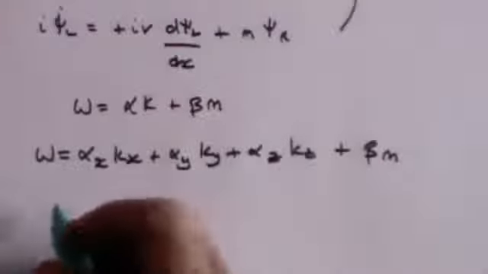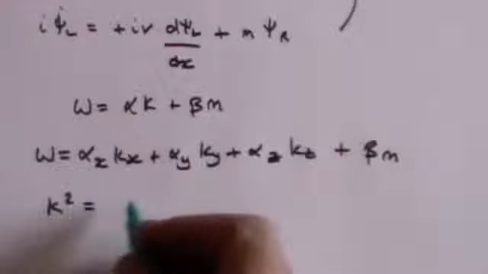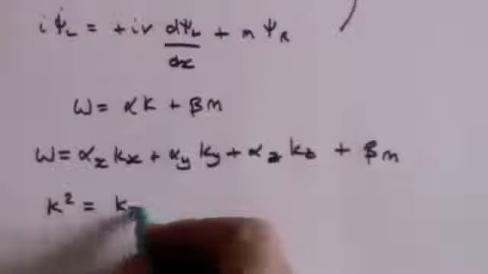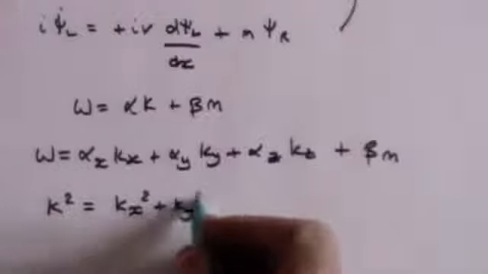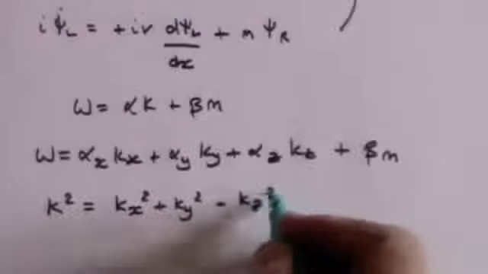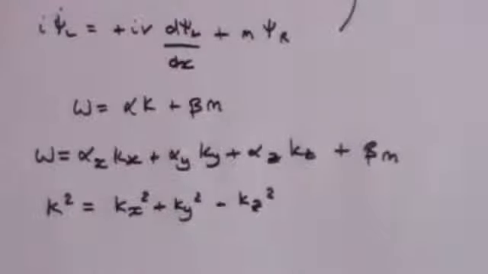We would also of course know, from Pythagoras, that the total k squared would simply be kx squared plus ky squared plus kz squared. That's just Pythagoras.